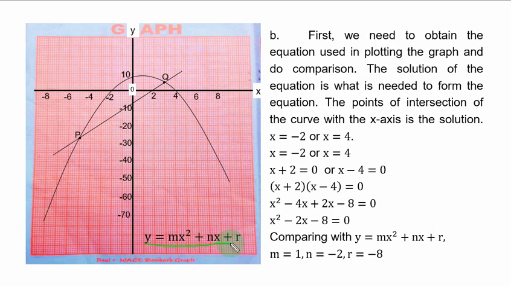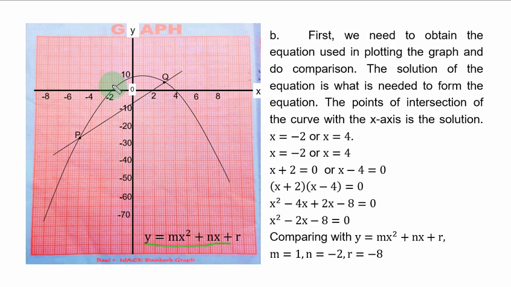The solution of the equation is what is needed to form the equation. And because the given equation is quadratic, we are interested in the curve. So the point of intersection of the curve with the x-axis is the solution.